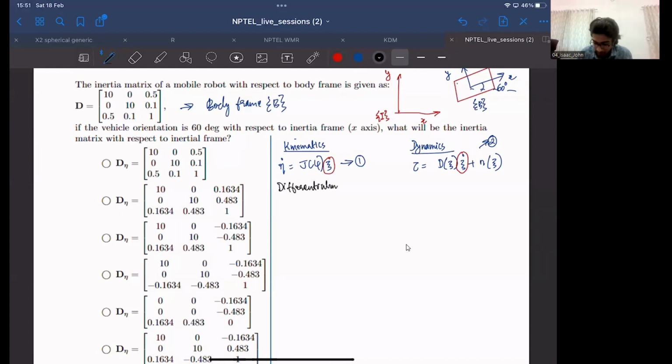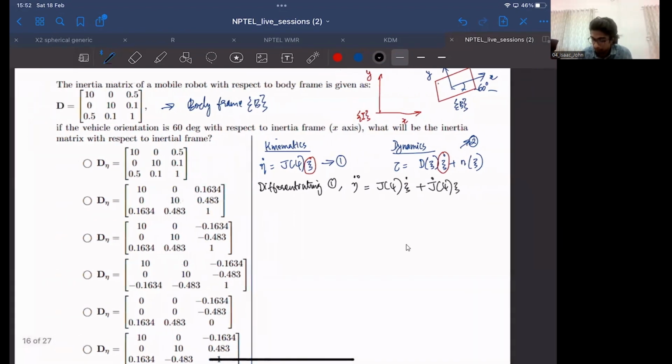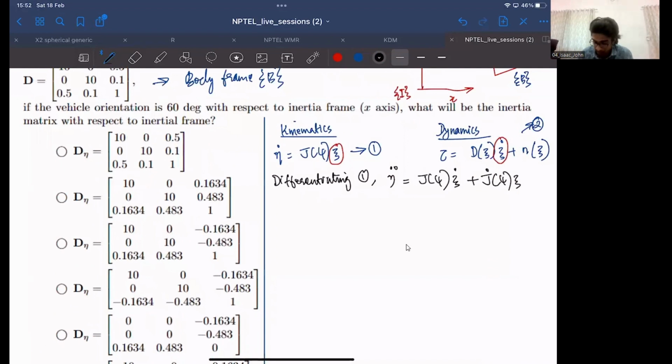Differentiating 1, we would get eta double dot equals J of psi zeta dot plus J dot of psi zeta. So from here, what would be zeta dot?